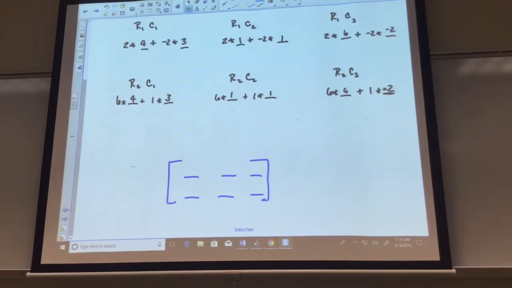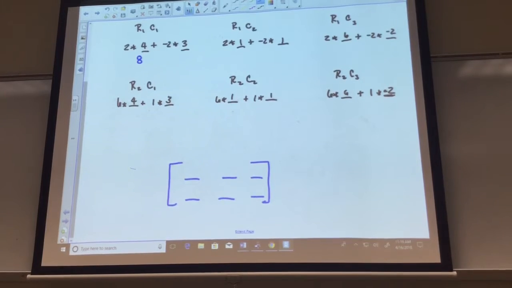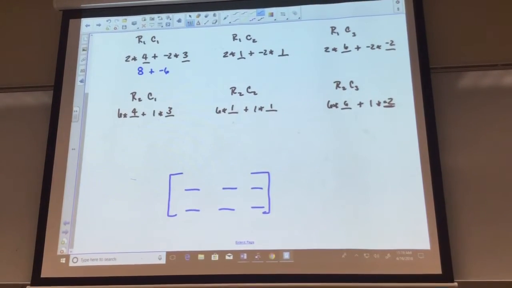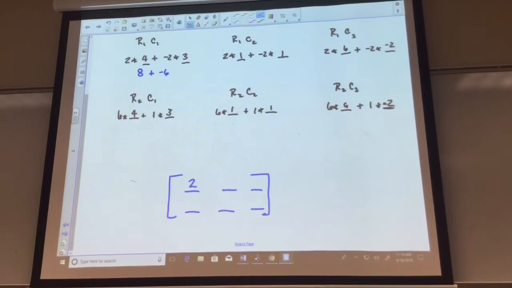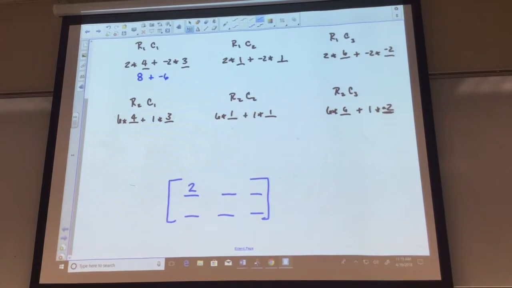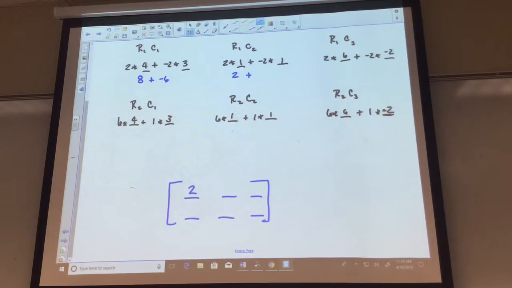I don't necessarily need to see that you did 2 times 4 and got 8, and you did -2 times 3 and got a -6, but I do need to see that you got an end result of 2 for your upper left-hand cell. I don't necessarily need to see 2 times 1 is 2, and -2 times 1 is a -2, but I do need to see the result is going to be a 0.